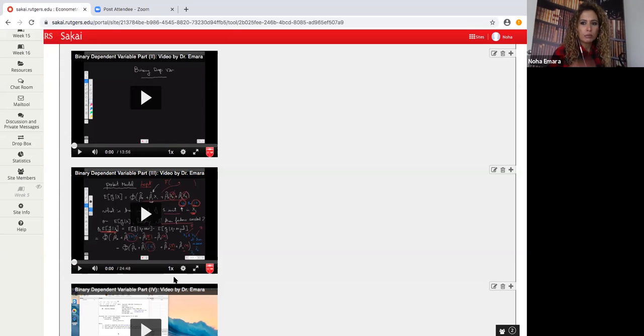I'm going to start with the 3 different binary dependent variable models. And I'm going to show you 2 applications, one which is right from your textbook, second one which is a Stata question, third one which is a non-Stata question.